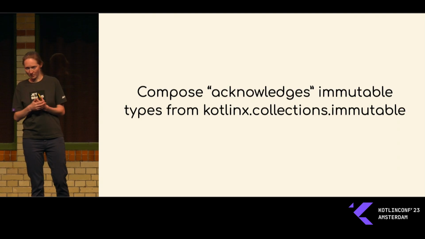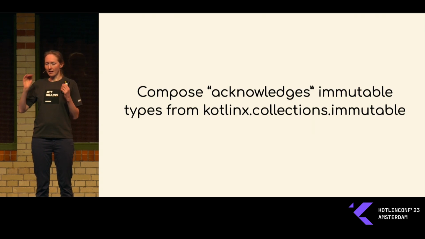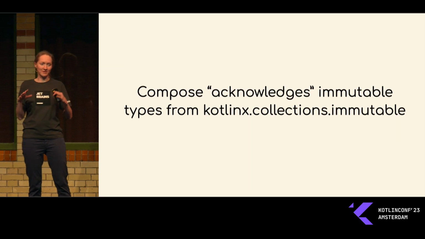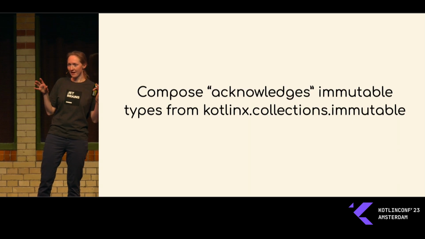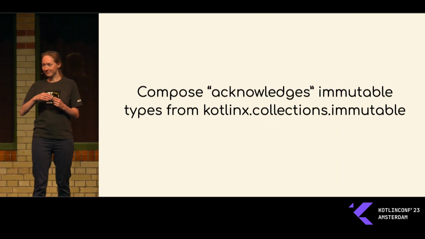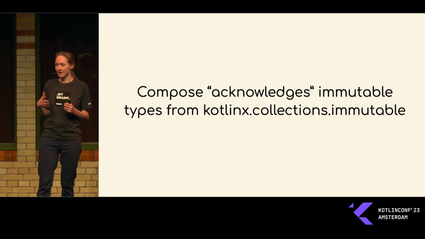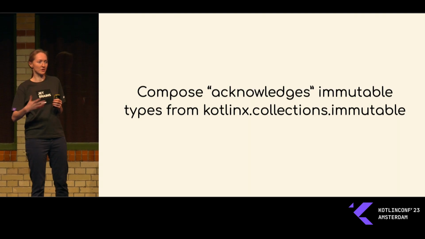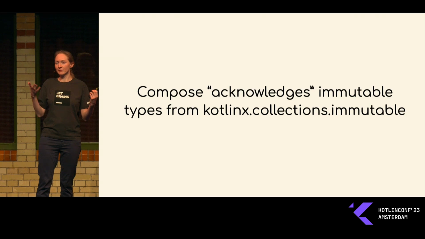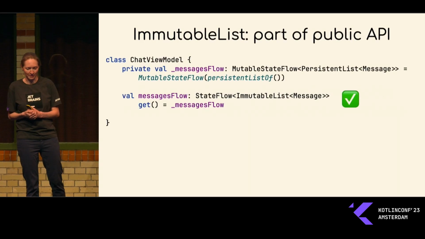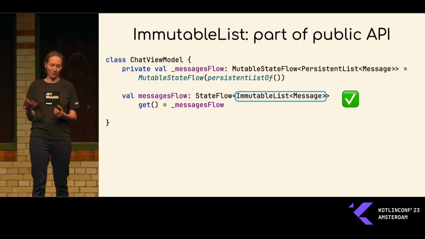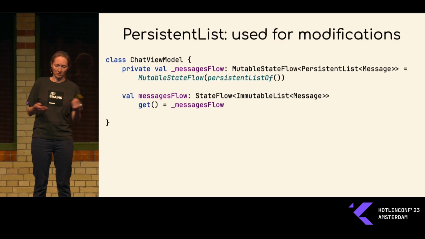I'll give you the link a little bit later about this internal. It's a complicated topic, and if you're interested, dig deeper into this. But the whole idea is that to avoid some extra work for Compose, you will benefit from using KotlinX immutable libraries. In our case, we now use an immutable list as a part of our API, and it all works.